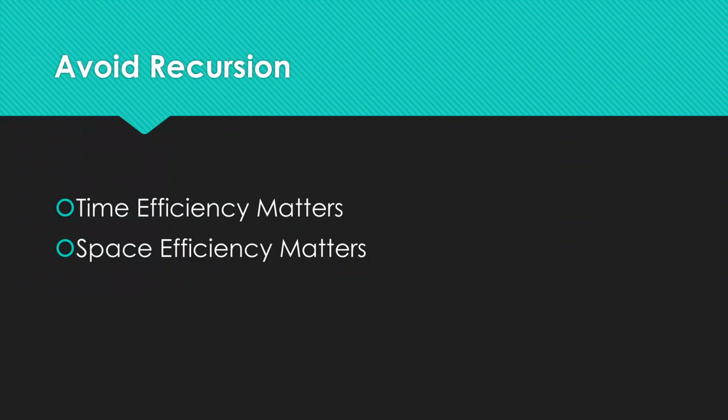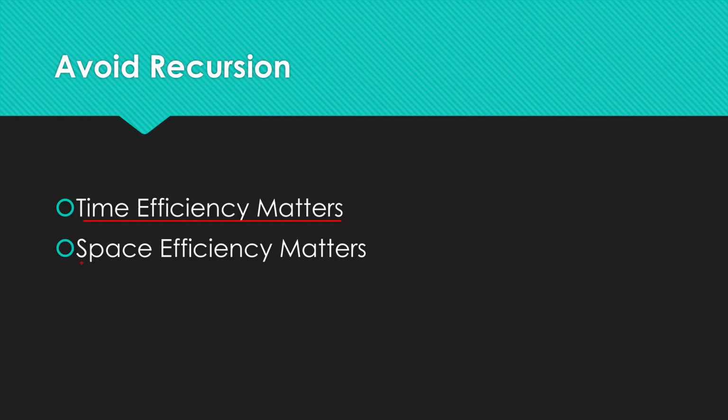When to avoid recursion? When time efficiency matters. For example, if you're writing a solution for devices that have limited processing power, CPU power, like smartphones, then you will maybe want to use iterative solutions because of how much time it takes for recursive solutions to pop and push items to the stack.